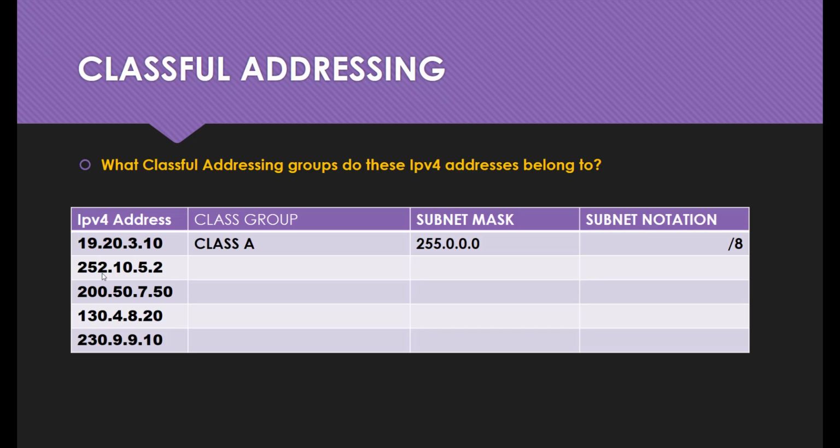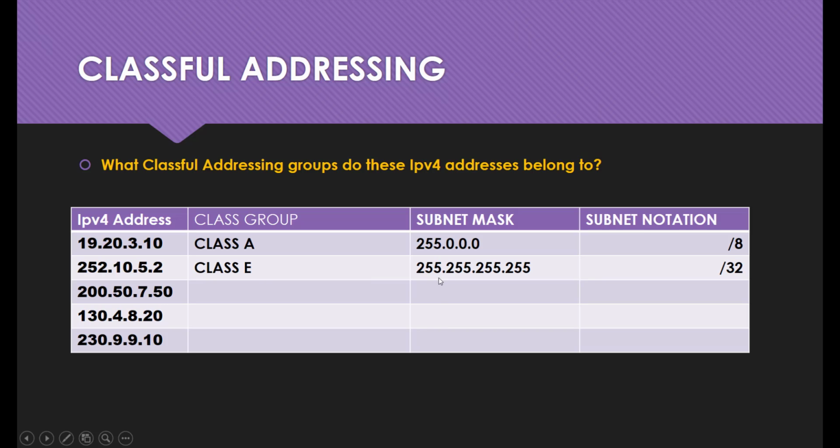So we use the same method, and that is, 252 falls between what IP first octet range, and we can see that it actually falls between the last range, which is 240 to 255. So we can easily identify this as a class E IP address, and that's what we have here.